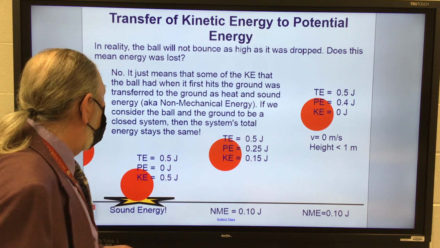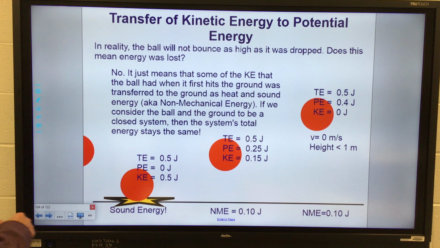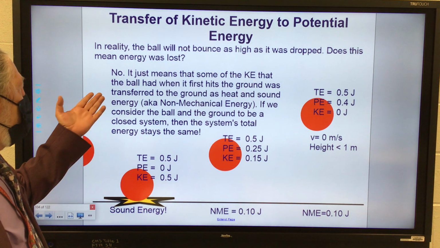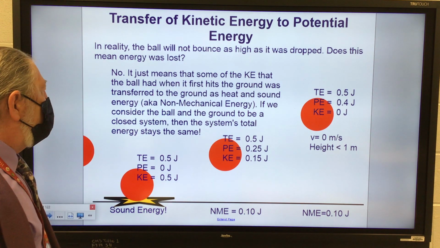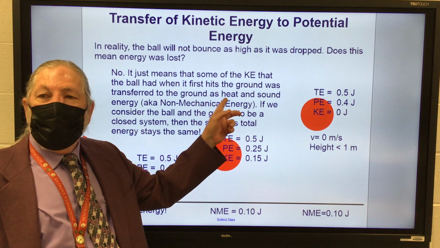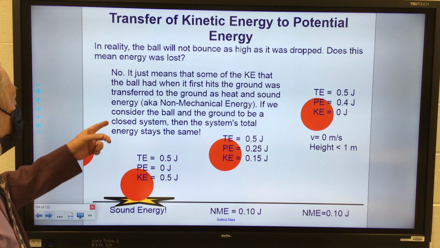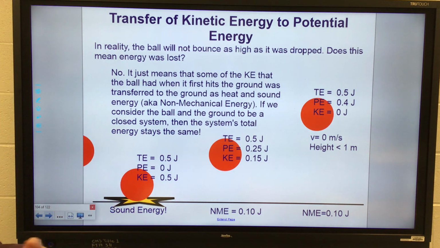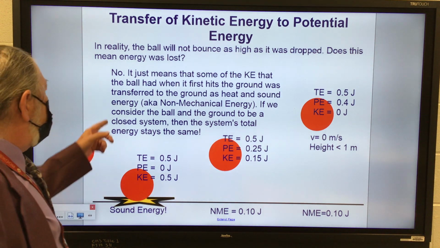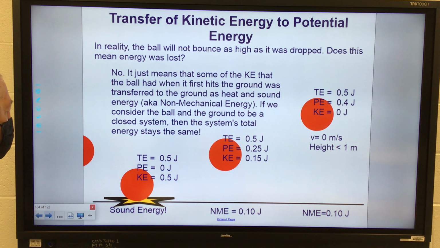So some of it is lost to heat and sound. And both of those are non-mechanical energy, right? Heat and sound, because it doesn't take any object to create it. It's waves. So if we consider the ball on the ground to be a closed system, then the system's total energy is the same.